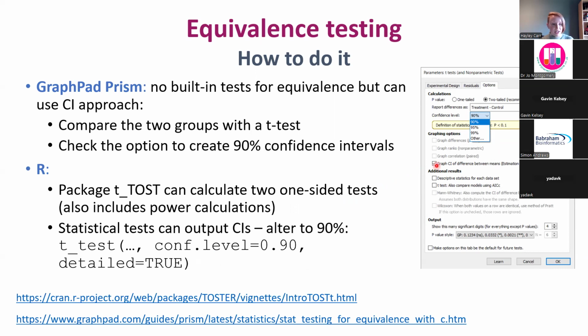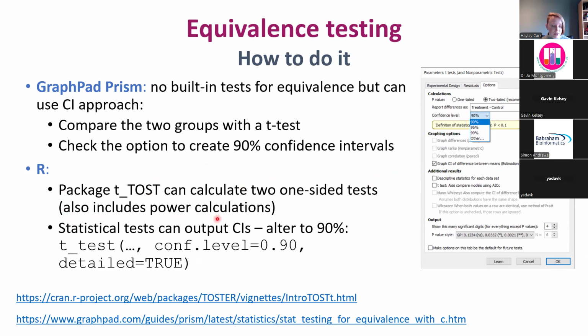The other thing that we look at is R. So there are, again, two options to do this. You can do either approach in R, as you might expect. There is a package for this called TOSTER that can calculate our two one-sided tests. This has quite a few different options. So again, you can do paired or independent tests.